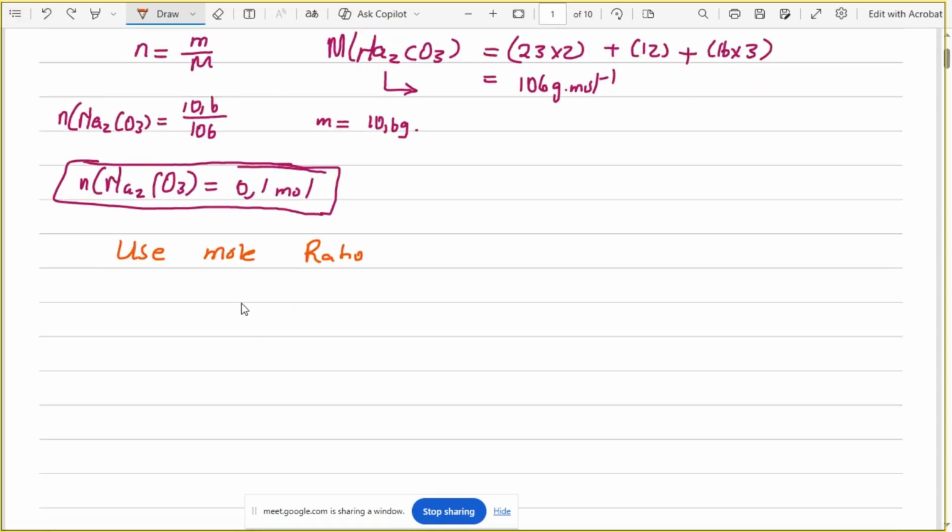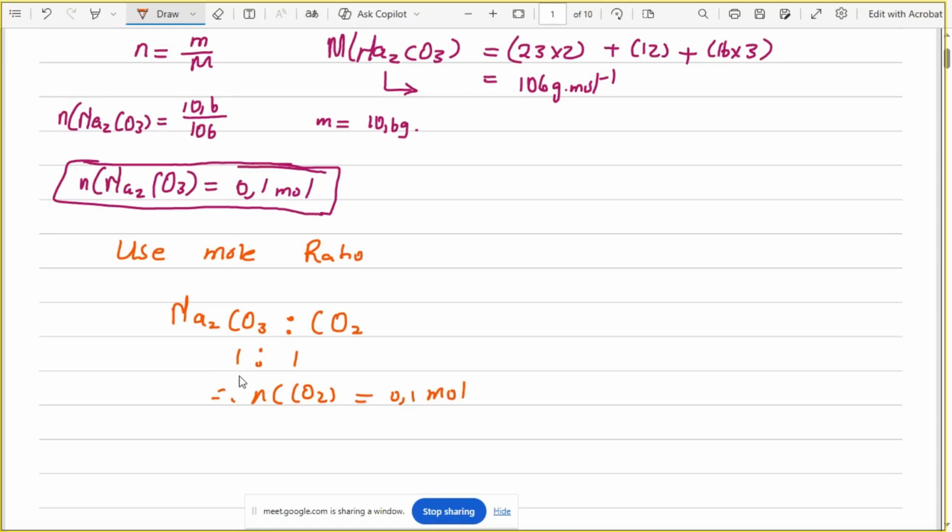Na2CO3 is to CO2, so this is 1:1. Therefore, they have equal number of moles. So the number of moles for CO2 is just that 0.1 mole.